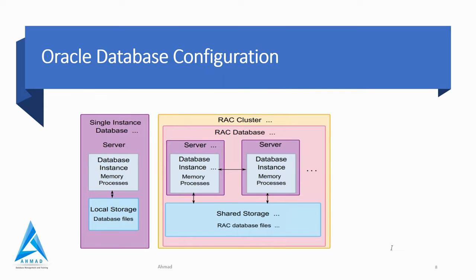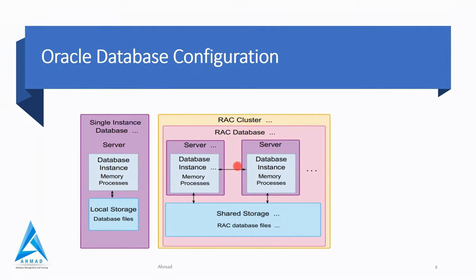So that is RAC. So basically in RAC we have two instances or two nodes. If we have two nodes, two instances, we have two separate memory processes, but storage will be shared, because maybe a data file can be accessed by server one, and after that server two wants access to that data file, and data file access means blocks basically.